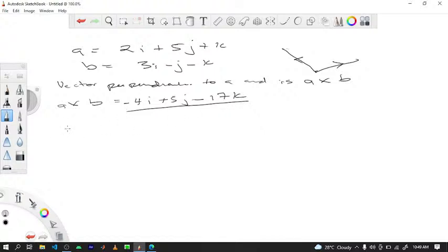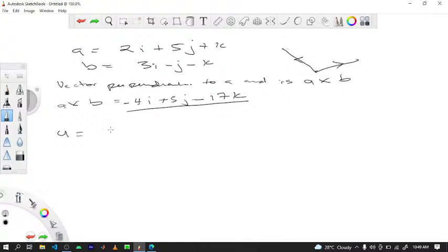Remember, unit vector is just simple. The unit vector is usually represented by u, right? Let me just use the commonest method that we all know.